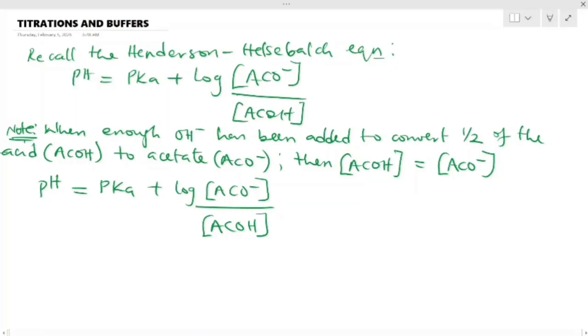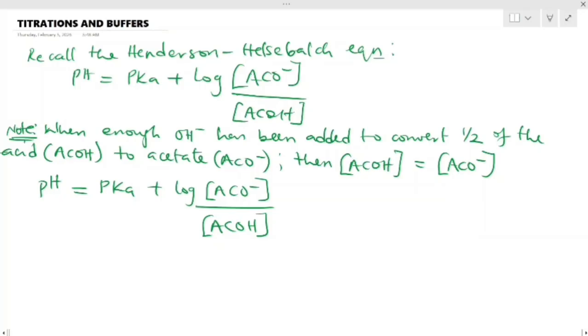Okay, so it's just like you have 1 mole of the acid, for instance, and you keep adding your OH, and you are able to rip off the hydrogen on the acid to the extent that instead of 1 mole, you have half of the acid and half of the acetate.